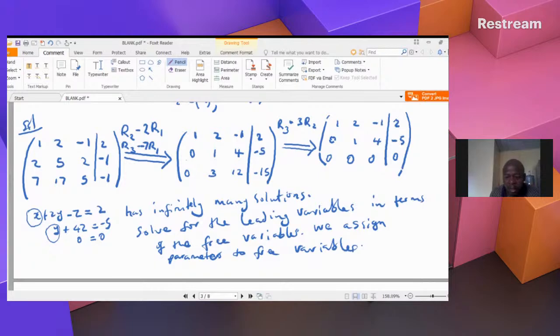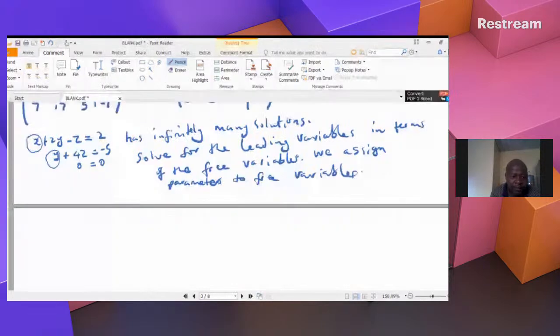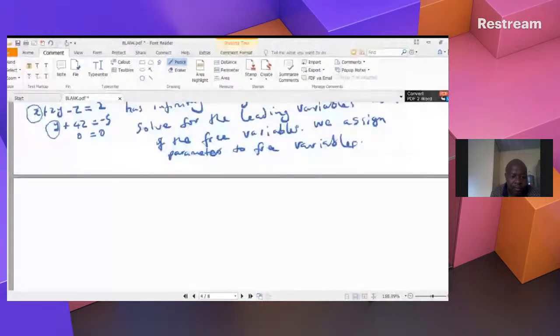So that is why we say it has infinitely many solutions. Instead of assigning constants, we shall assign parameters. Let z be t, where t is any number. t could be 1, 3, 1,000, negative 10, and so on.